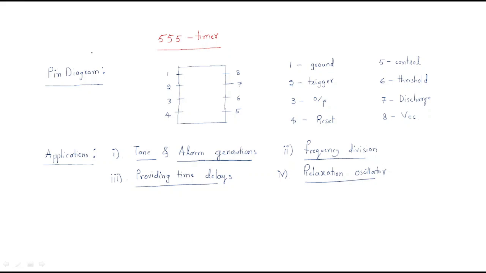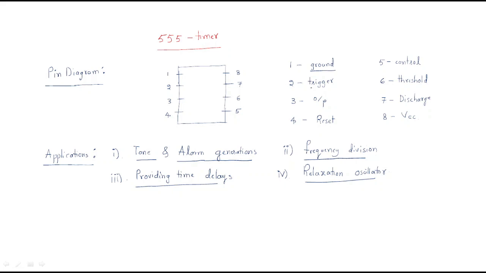First, look at the pin diagram. The 555 timer consists of 8 pins. The first pin works as ground. Inside, it has a number of circuits and elements, but in order to give the connections easily, we assign some pins. By identifying the pins, we can give the connections and analyze the circuit easily.